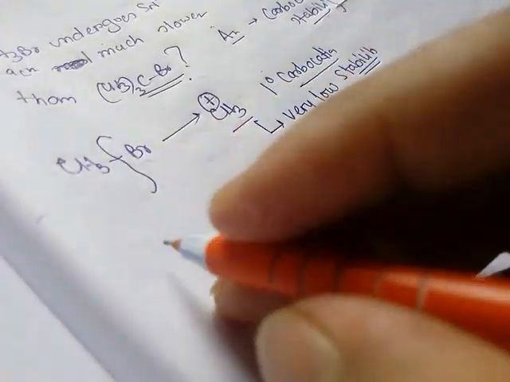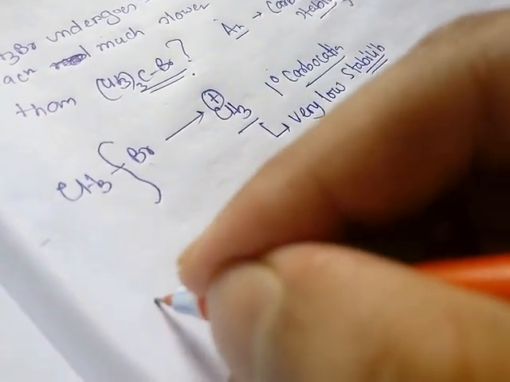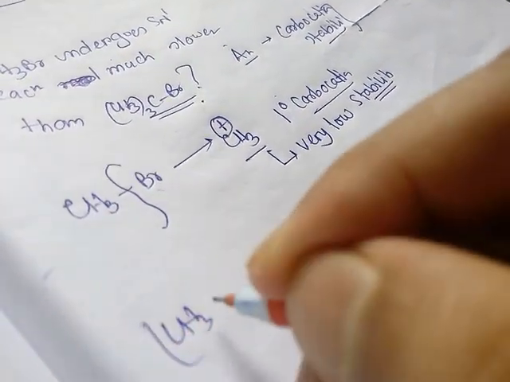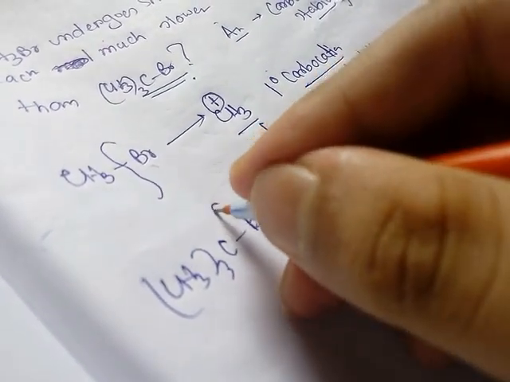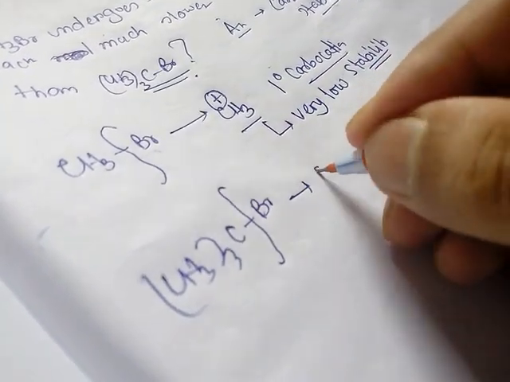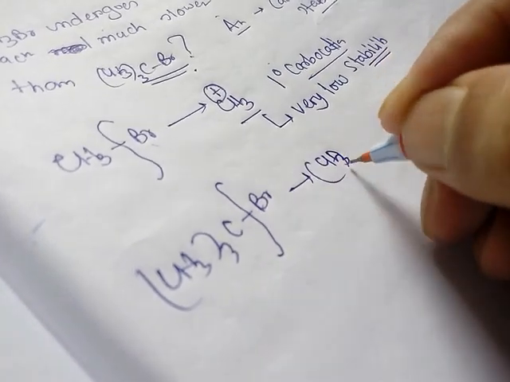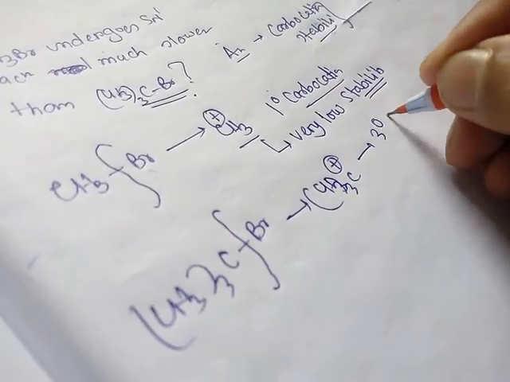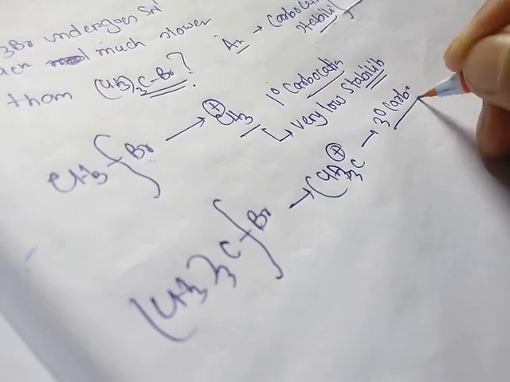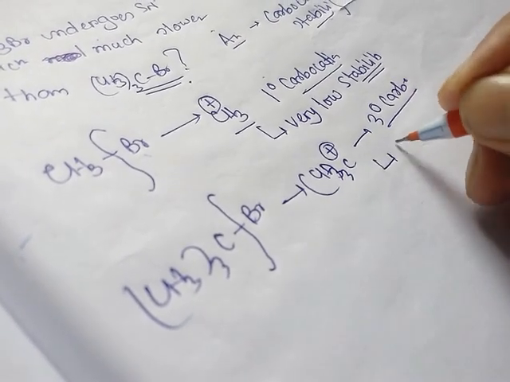But if we choose CH3 CH3 CH3 CBr, the CBr bond will break and it will form CH3 CH3 CH3 C positive. It is the tertiary, or 3 degree, carbocation. It has high stability.